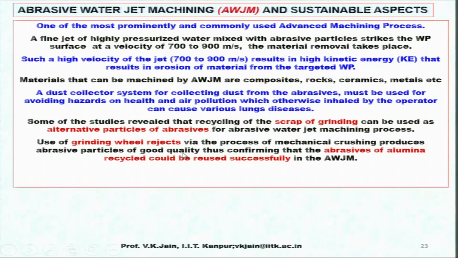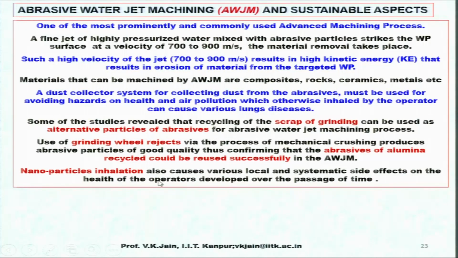That means the grinding wheels which are now not usable can be crushed and their abrasive particles can be used in abrasive water jet machining, thus confirming that the recycled alumina abrasives could be reused successfully in abrasive water jet machining.